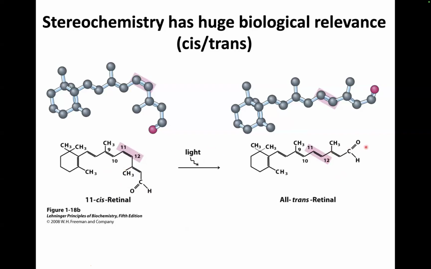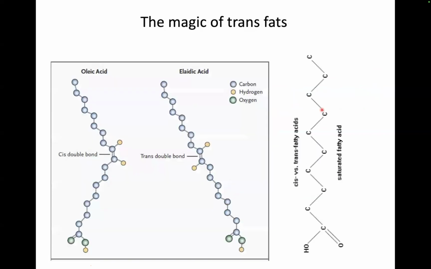You straighten out this chain, and that sends a signal to the cell that light has hit that particular region, and then your cell interprets that as ultimately information that can be coded as vision. All right. So obviously, without those two different configurations, the body wouldn't be able to recognize the light that's processing at the back of the eyeballs in this case.